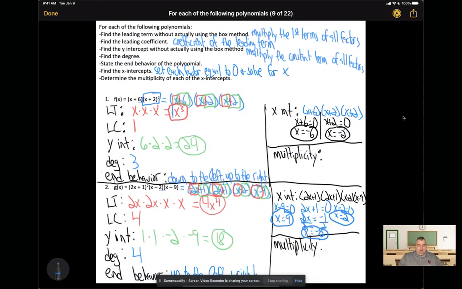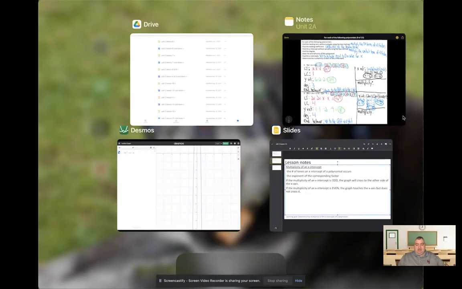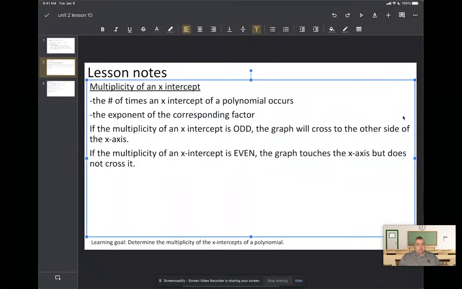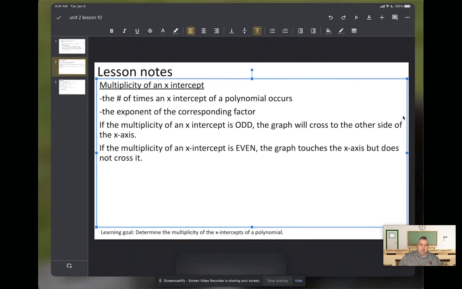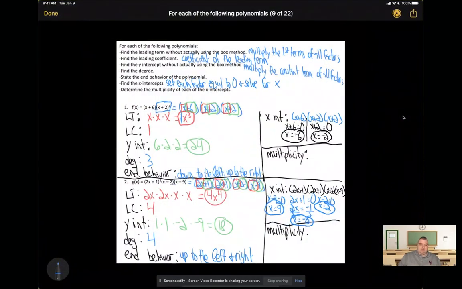So to find the multiplicity, we're going to go back and look at our lesson notes. The multiplicity, as it says here, is the exponent of the corresponding factor. So on number 1, we had 2 x-intercepts. We had an x-intercept of negative 6 and an x-intercept of negative 2. Now, x equals negative 6.